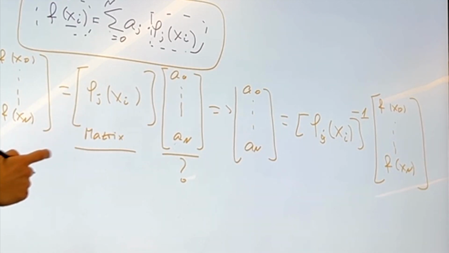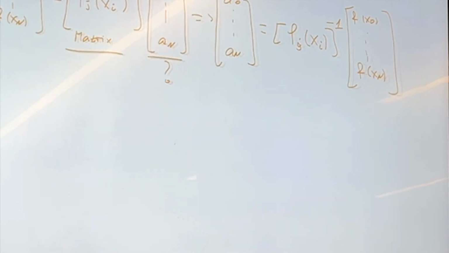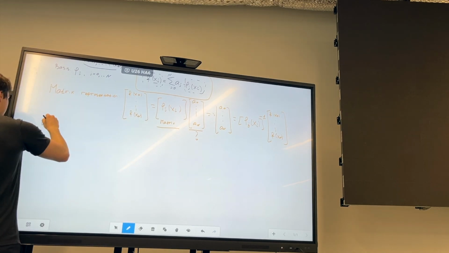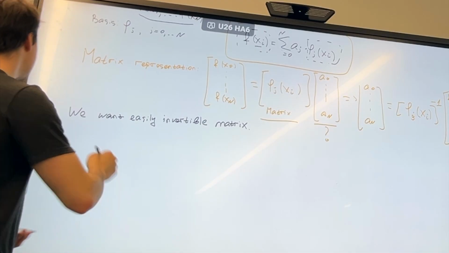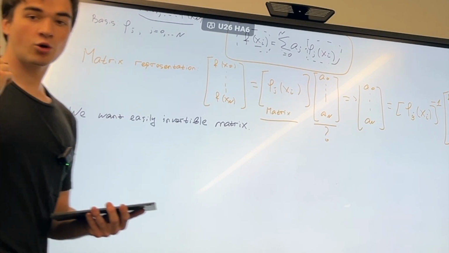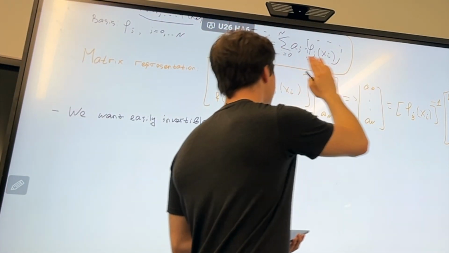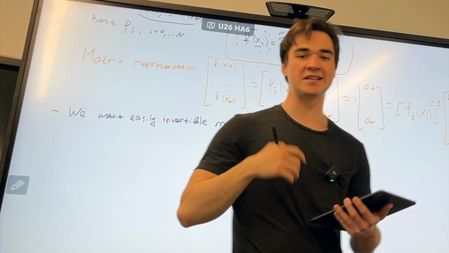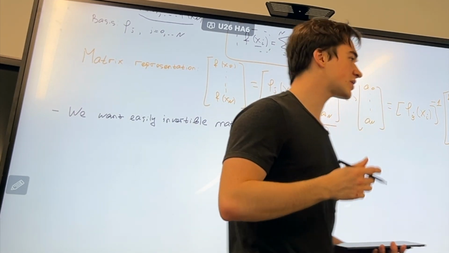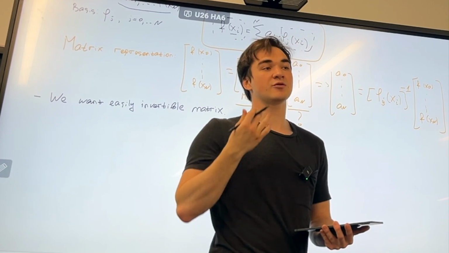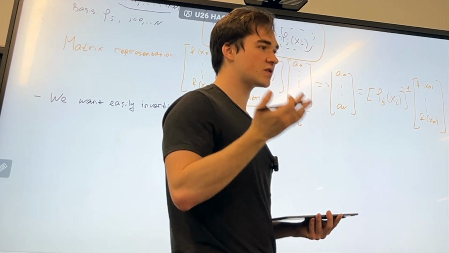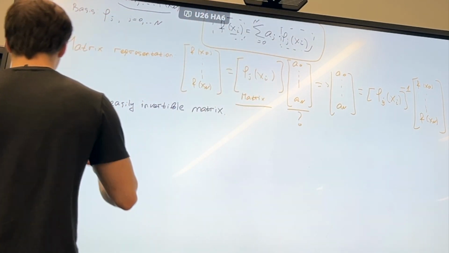Therefore, what we need from our interpolation is an easily invertible matrix. But also, since we want to use this technique for differentiation and integration, we also want our basis functions to be simple. And what is the simplest function? It's polynomials. We want simple.